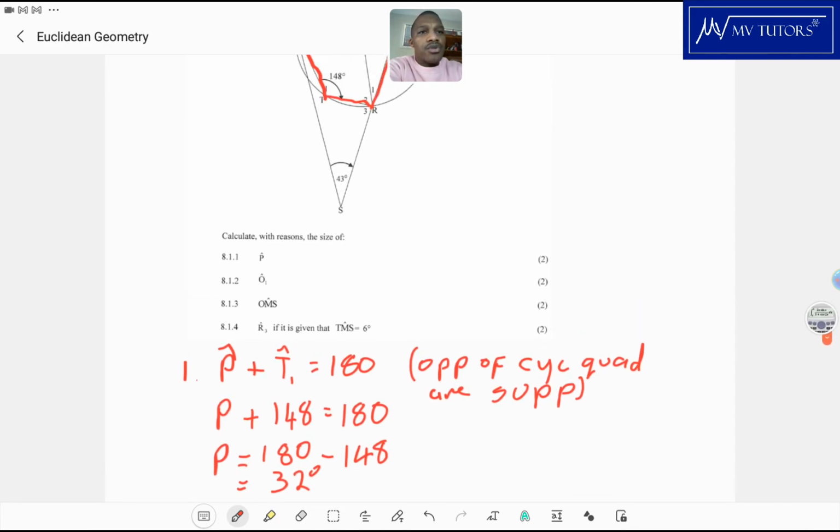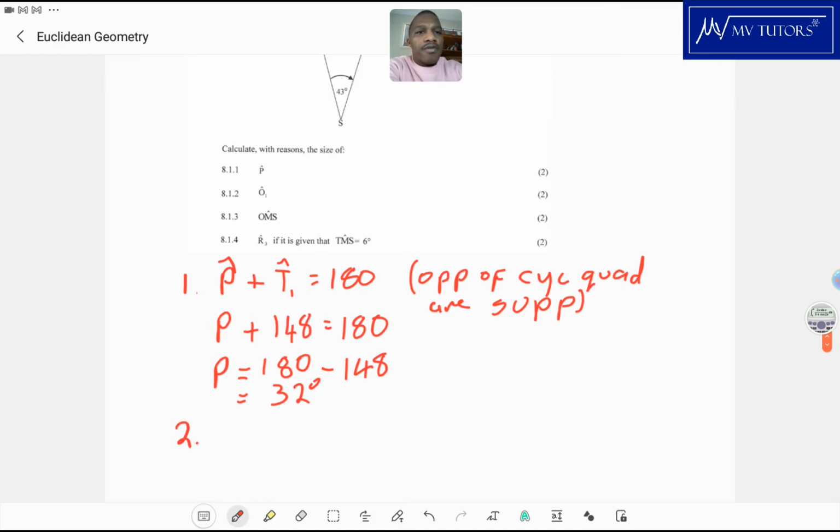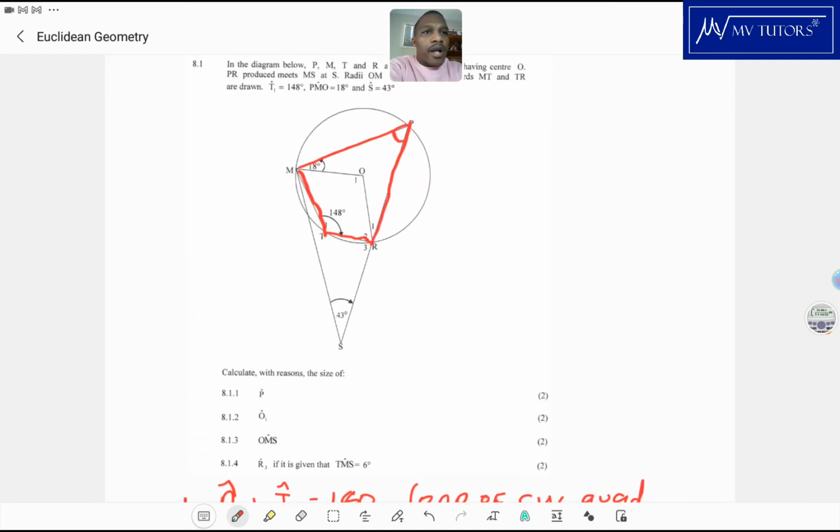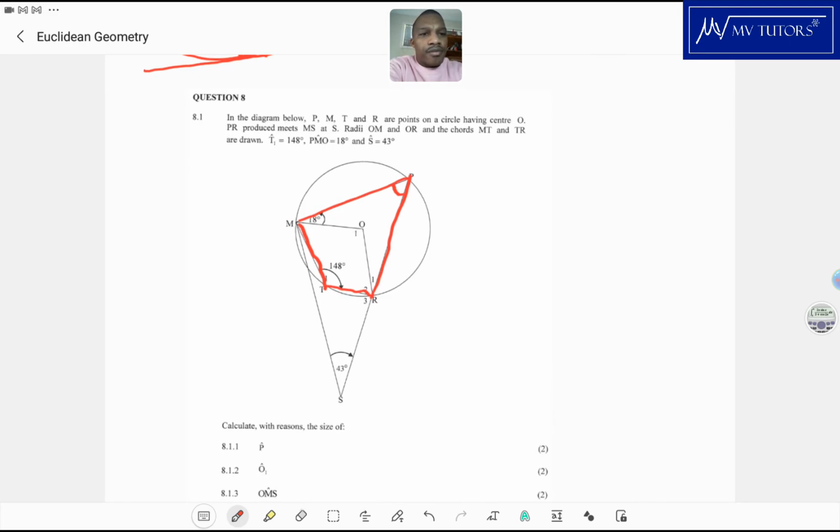Now, number 2, we need to solve the angle O1. Where is O1? Over there. Okay, but first let me rub this because we don't need it anymore. Now, O1. From Dr. Cape Town, we know the relationship. They are from the same segment with P. Now, from the theorem we learned about the radius, we know that this angle is 2 times x, if that one is x.